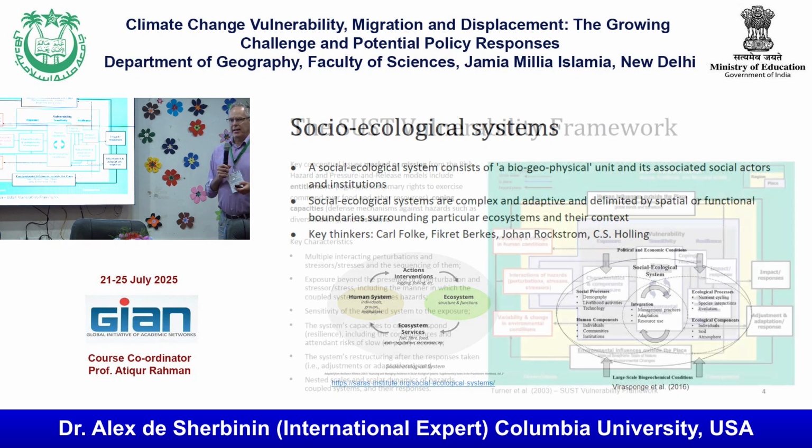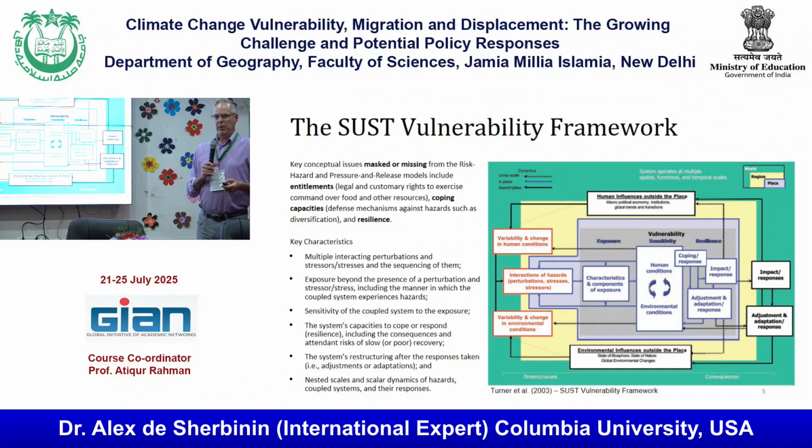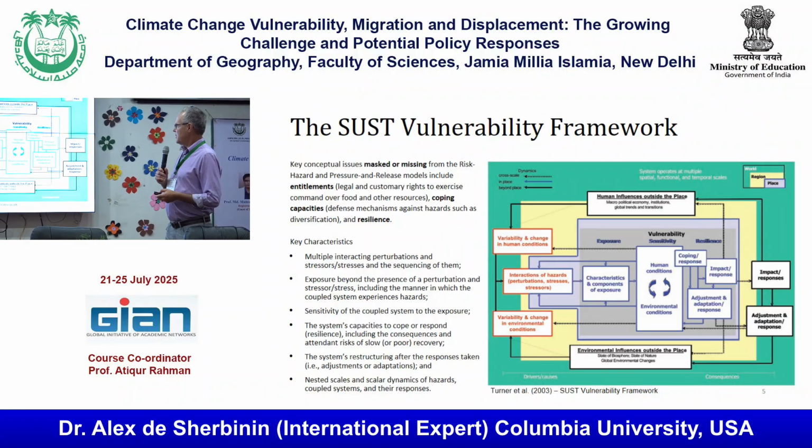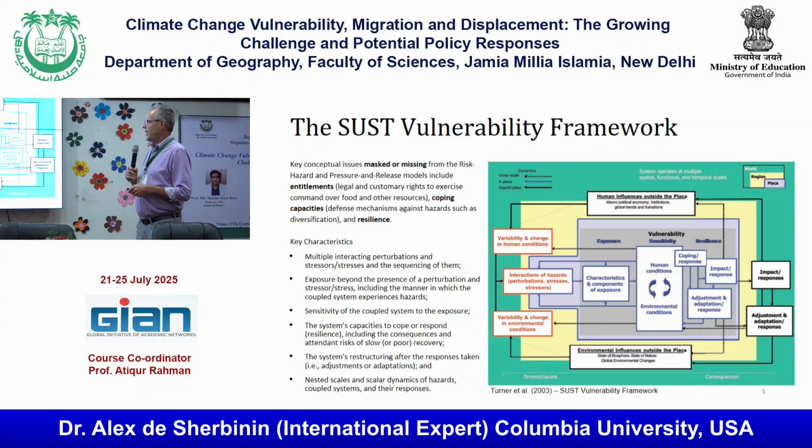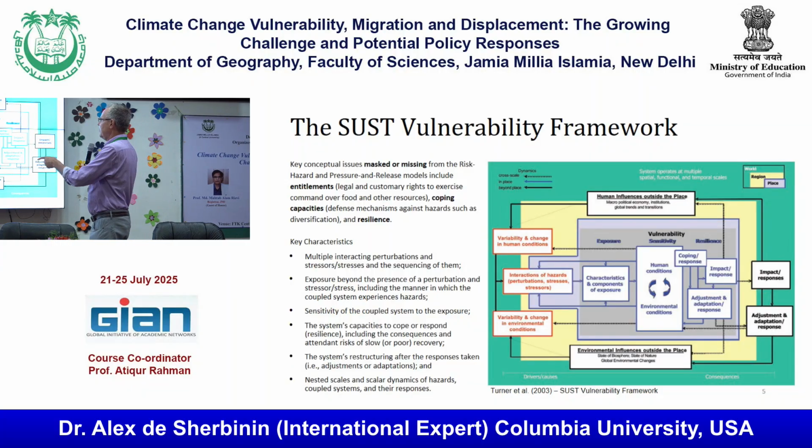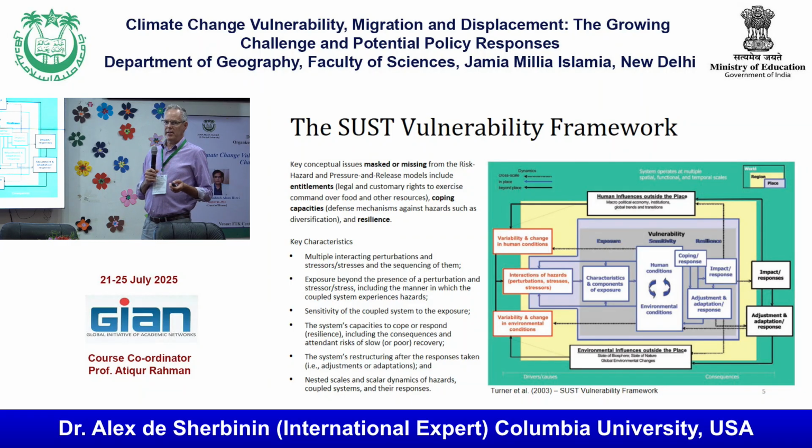I mentioned yesterday some of my work, or maybe this morning, I'm sorry, the days are starting to blend together a little bit. This larger diagram was part of my PhD dissertation thesis, which is the SUST vulnerability framework. It came out of earlier frameworks like pressure and release and risk-hazard frameworks.